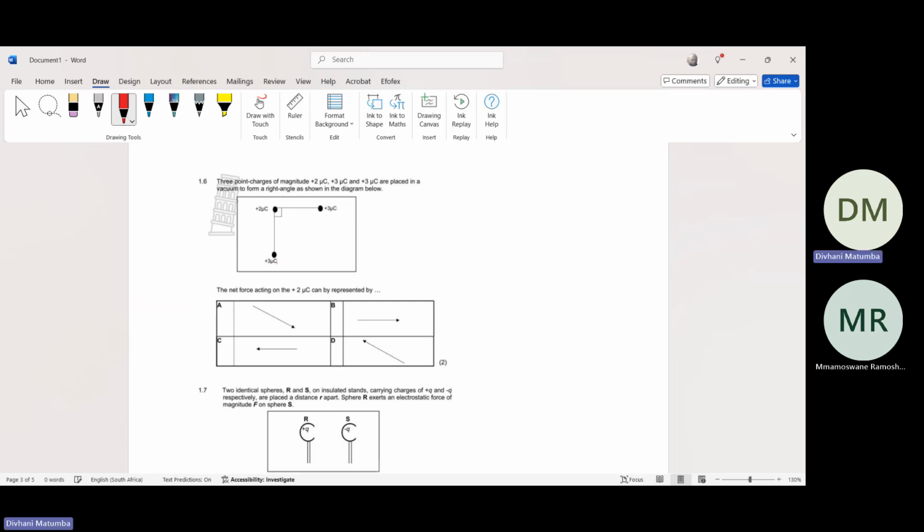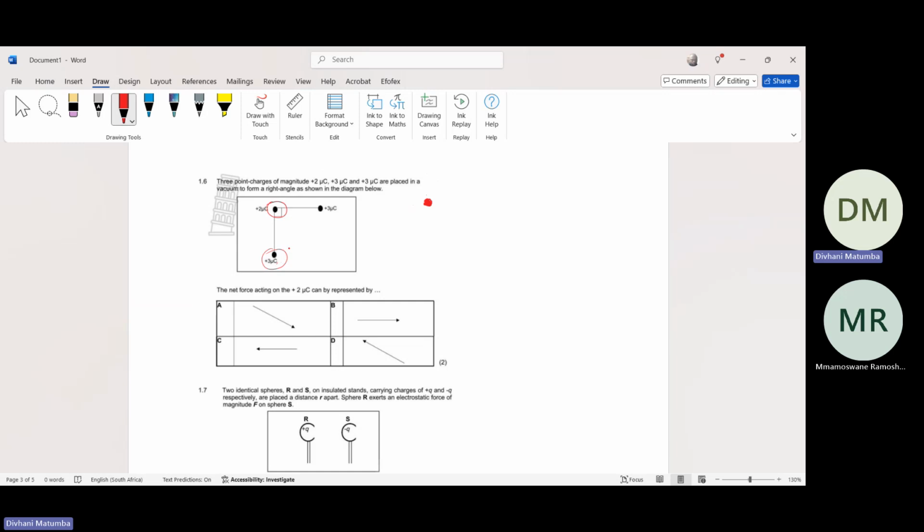Let's see. This is our 2 microcoulombs, right? When it interacts with the 3, where will it go? It will go downwards, will it not?